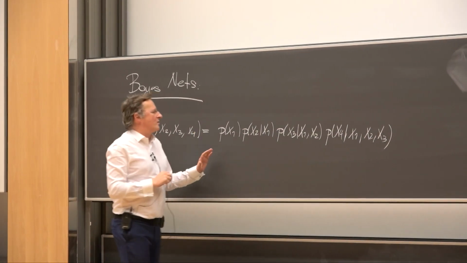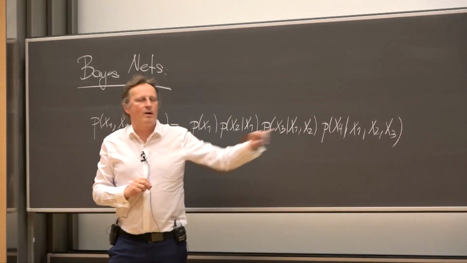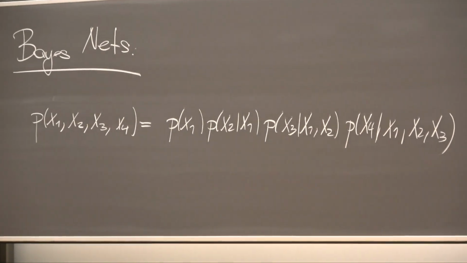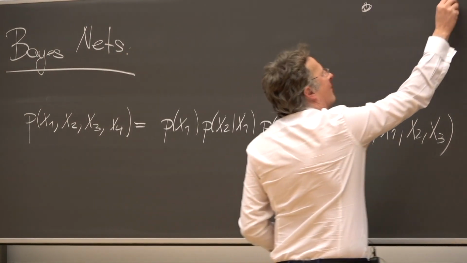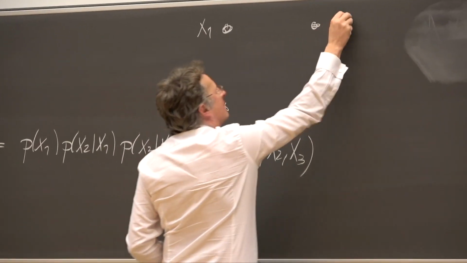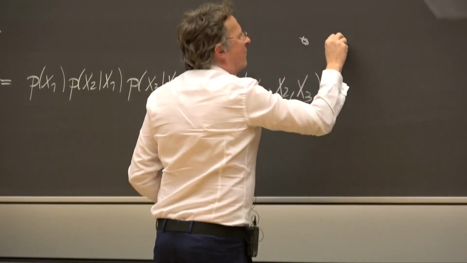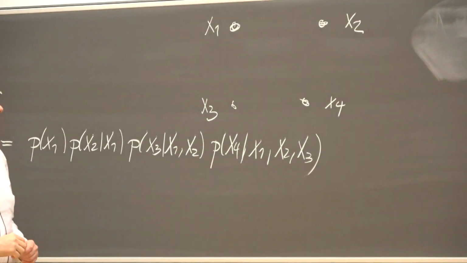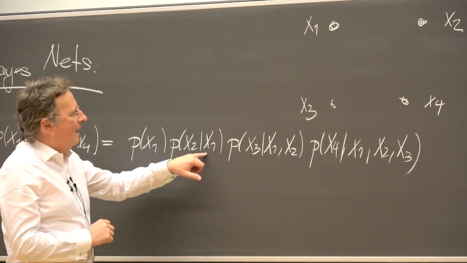We associate to each of these x1, x2, x3, x4 a node, and we draw a directed edge if something influences it, right?